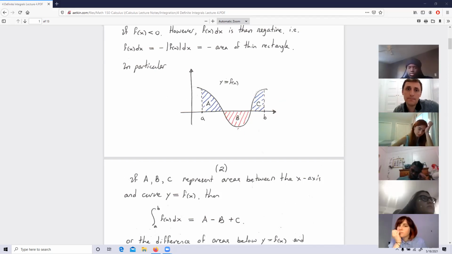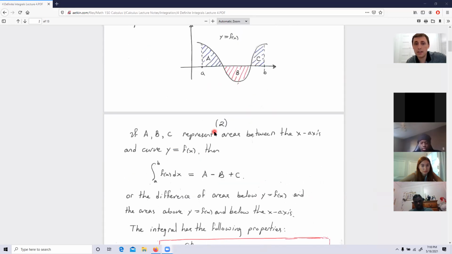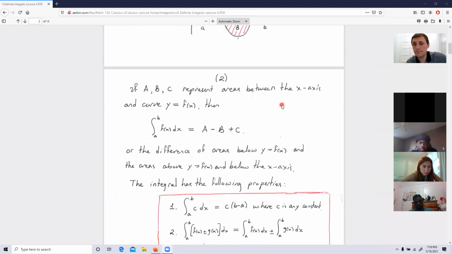Do you agree? So altogether, what will we get, guys? We will get a minus b plus c. Do you agree? The integral would be a minus b plus c.